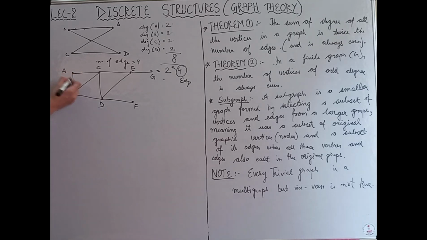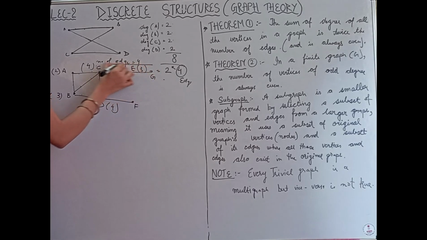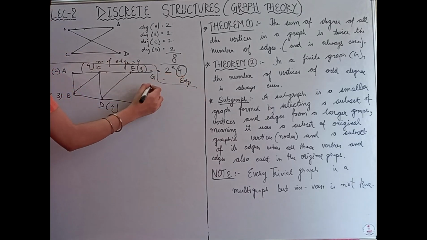Degree of A will be 2. Degree of B will be equal to 3. Degree of C will be equal to 4. Degree of D will be equal to 4. Degree of E is 3. Degree of F is 1 and degree of G is 1.